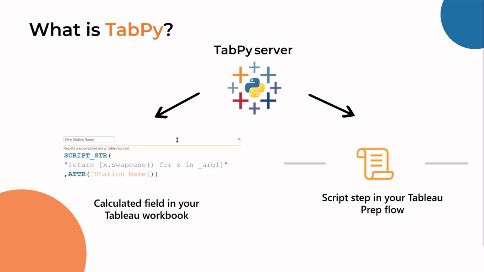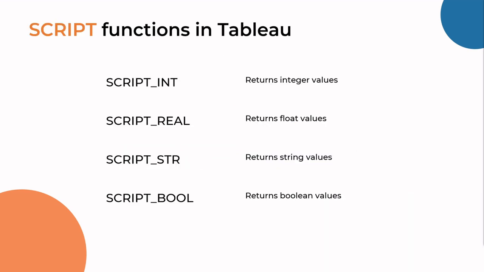So let's now look at how you can build your calculations in Tableau to use Python scripts and how you can structure them. First of all, you're going to create just a normal calculated field and use one of 4 functions available.